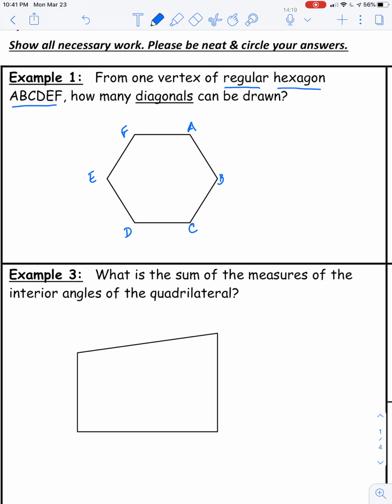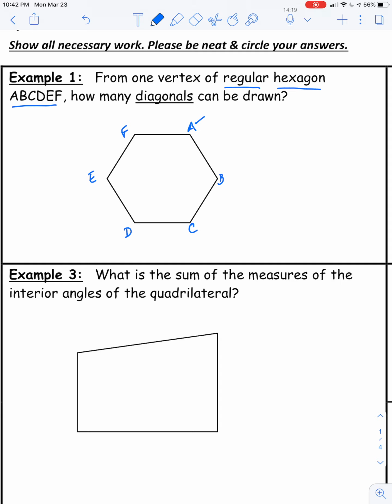Okay. So from one vertex of a regular hexagon, A, B, C, D, E, F, how many diagonals can be drawn? Okay, we could choose any one of those 6 vertices to draw our diagonals from, but we're going to go ahead and choose A just because that's the beginning of our alphabet. So we'll choose A. How many diagonals can I draw?